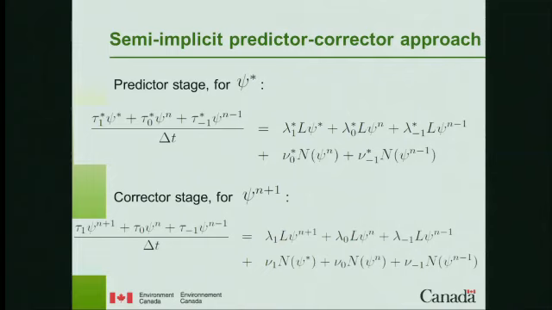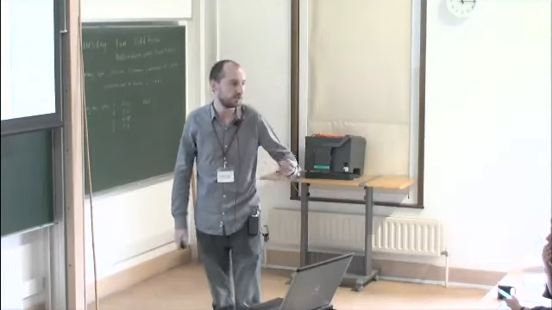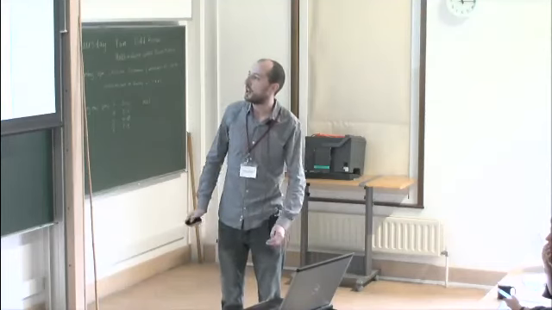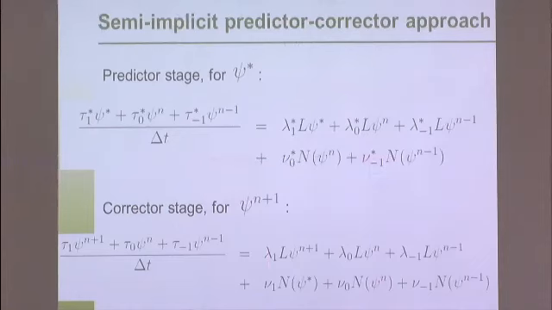Basically, it's a two-stage approach where first we look for an intermediate stage, which we call psi star. Anything with a star is your predicted intermediate level. And then we look for a corrected new time level, n+1.